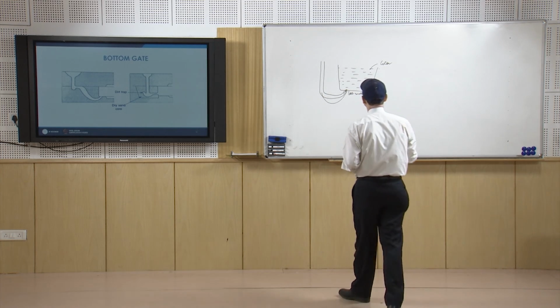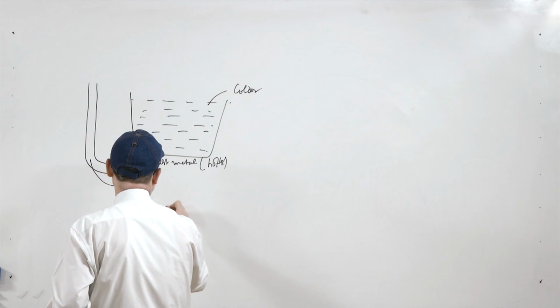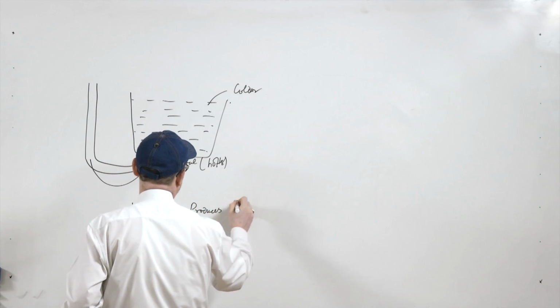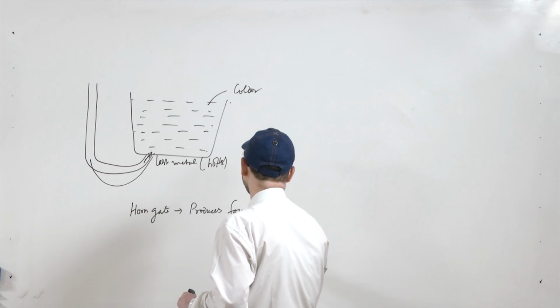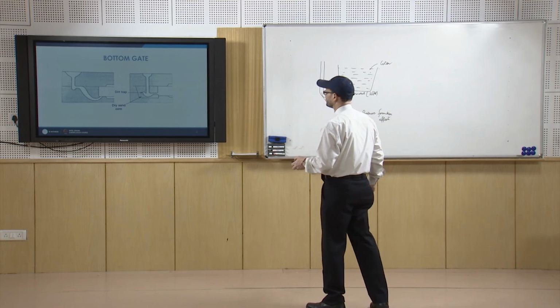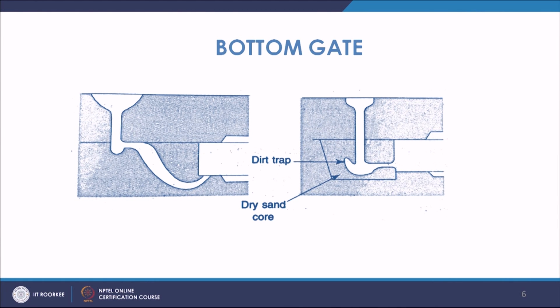That disadvantage is that the horn gate produces fountain effects. When the liquid metal enters from this point, being in the shape of a horn, it will try to go in terms of a fountain. So, that is why there will be fountain effect in the case of horn gates.